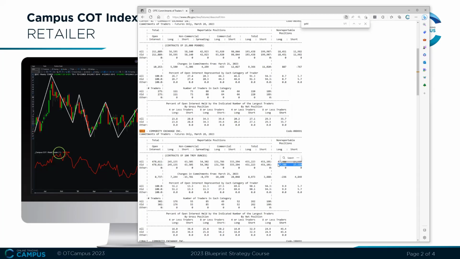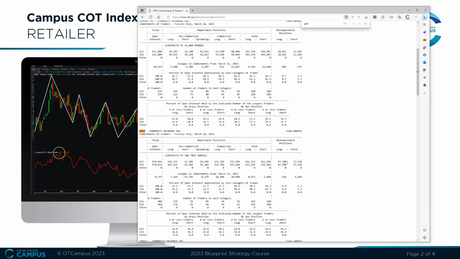Now, we don't have to report what we do. The reportable positions, they have to report what they do. However, whenever we trade or enter a central marketplace, we would still be captured within the overall longs and shorts. So what they basically do is take the total and subtract the reportables, and they're left with the non-reportables.